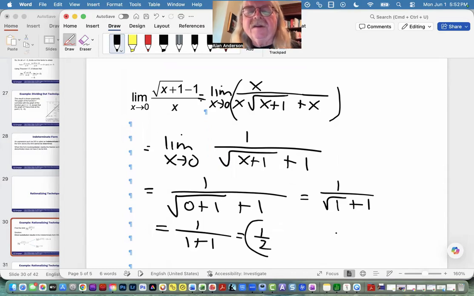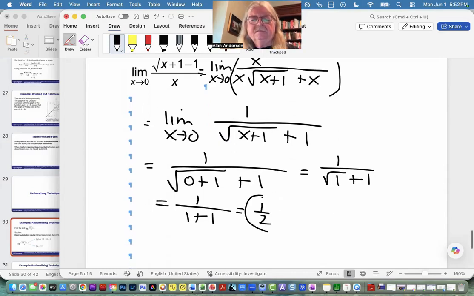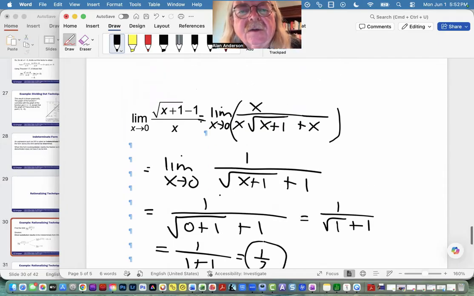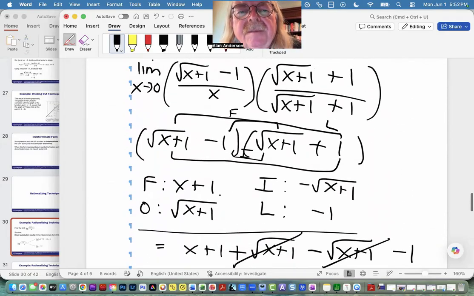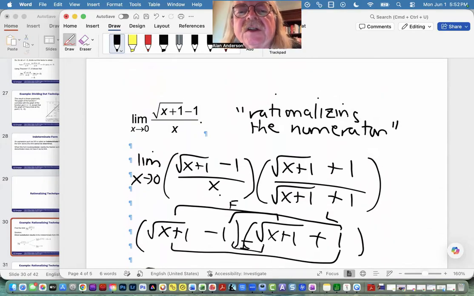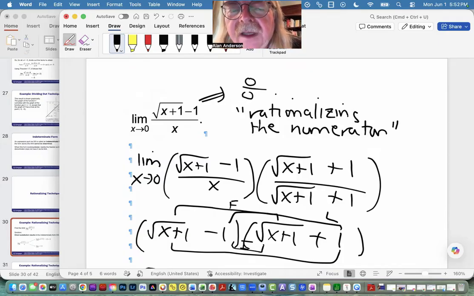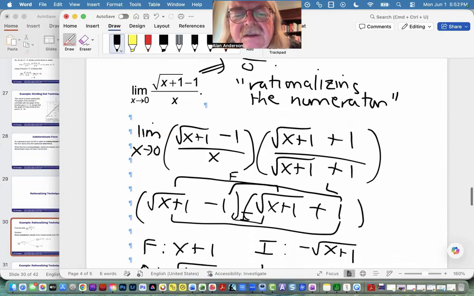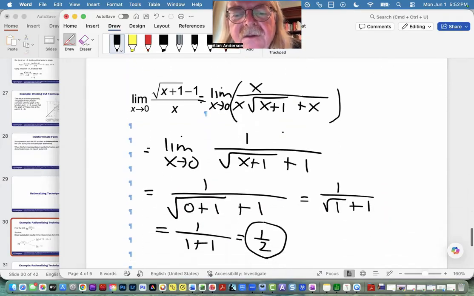It's a half or 0.5. All right. So in other words, we took a messy expression where direct substitution led to 0 over 0. And by rationalizing the numerator, we ended up with a very simple result, which is 1/2.